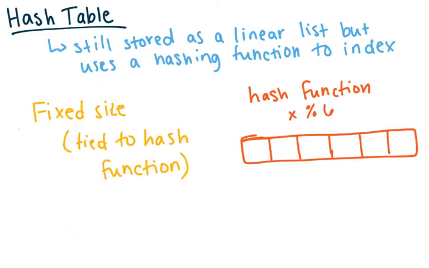So some drawbacks, it's got fixed size because it's tied to the hash function. So if the hash function is mod 6, then it's going to have 6 entries. So that's one disadvantage, and then also the reliance on the hash function, which is always the downfall of hash maps and hash tables.